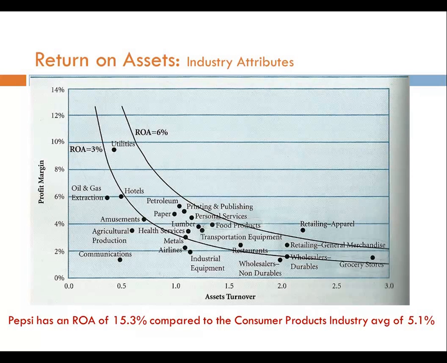Grocery stores have a lot of asset turnover, 2.8 turning over of assets. Low profit margin, 1.5%. So there, 2.8 times 1.5, once again, comes out to about 4% ROA. So this band is the band of ROAs. Pepsi's ROA is 15%, in an industry, consumer products, that averages 5%. There's a perception of value beyond the industry right there.